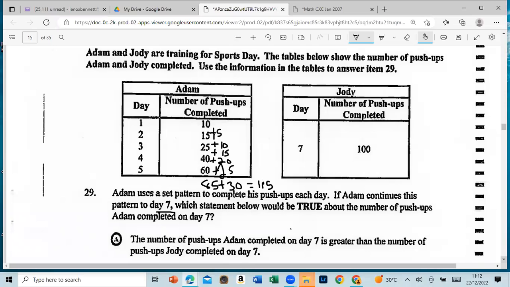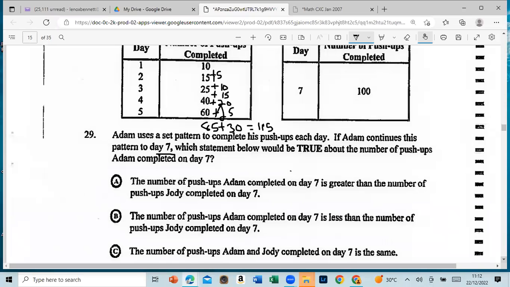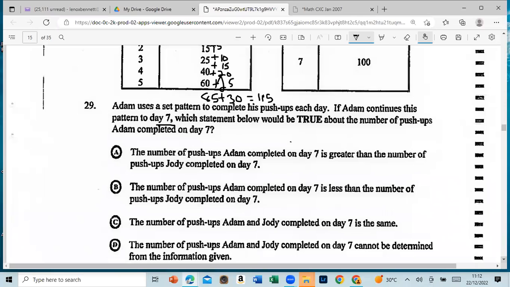Let us see what the options say. I think you guys did exceptionally well on this one. The number of push-ups Adam completed on day 7 is greater than the number of push-ups Jody completed on day 7. Is 115 greater than 100? Yes, so it's A. But we're still going to see the others.